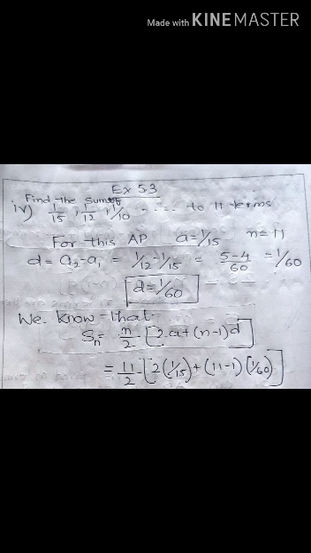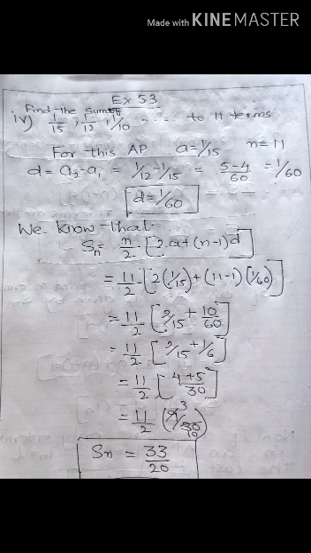So we get 11 by 2 into bracket 2 upon 15 plus 10 upon 60. So 11 by 2 into bracket 2 upon 15 plus 1 by 6. Taking the LCM of 15 and 6, we get 11 by 2 into (4 plus 5) upon 30. So 11 by 2 into 9 by 30, that is 3 by 10. So Sn equals 33 upon 20.